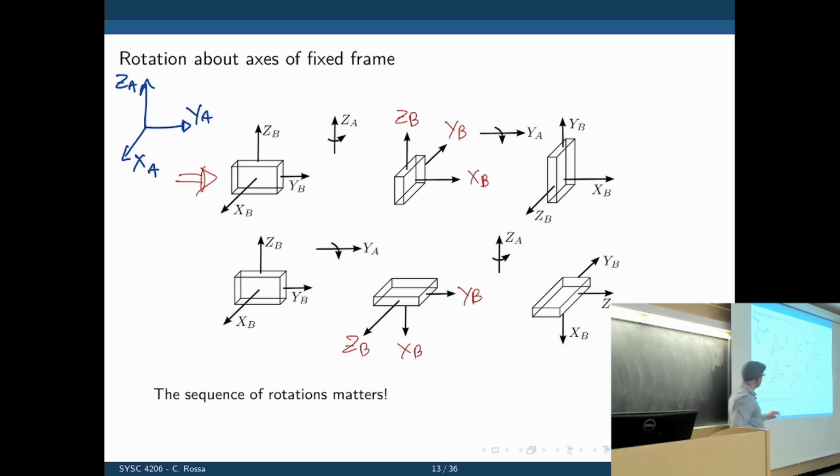Now we can do one more rotation. This rotation now with respect to ZA, again, the same fixed reference frame that we started from. Now pointing up, so we're going to rotate it that way. So YB was like that, goes to the back. XB doesn't change because they're rotating around it. And ZB was going to the front, now goes to the side.